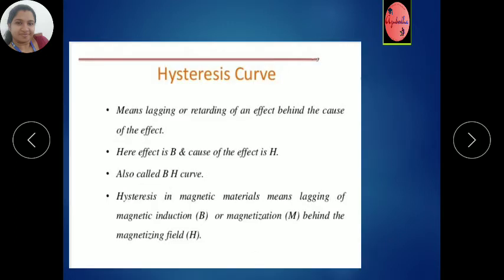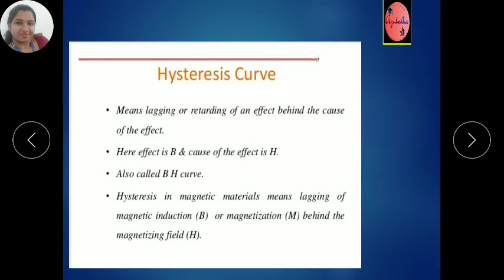Then hysteresis curve. The meaning of hysteresis is lagging or retarding of an effect behind the cause of the effect. So for every effect there is a cause. Cause and effect relation is there. So here the effect is induced magnetic field. This effect, the magnetic field induced, is due to the presence of an external magnetic field H. So here the effect is B and cause of the effect is H, also called BH curve.